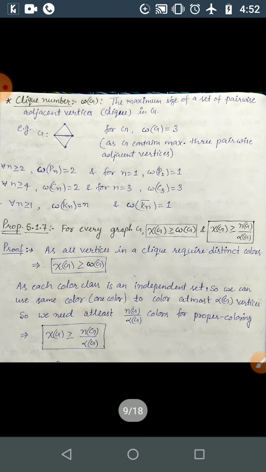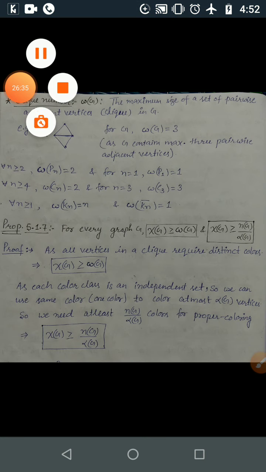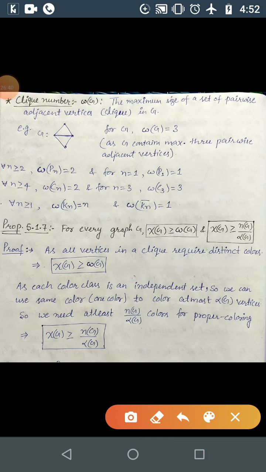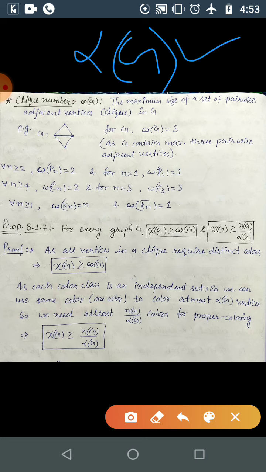Now come to the clique number. What do you understand by clique number? One was the independence number, denoted by alpha of G, which is the maximum size of a set of pairwise independent vertices. The maximum size of a set of pairwise adjacent vertices, that is the maximum size of a clique, is the clique number.